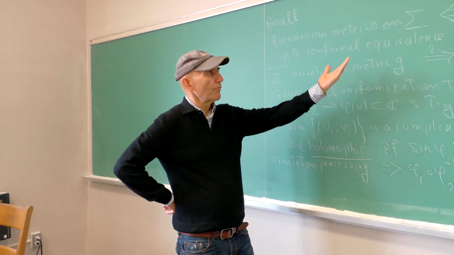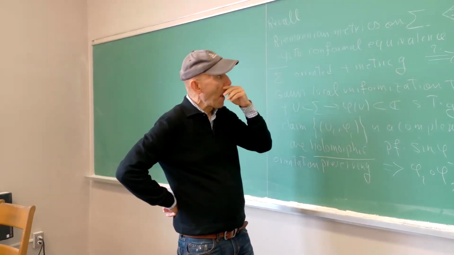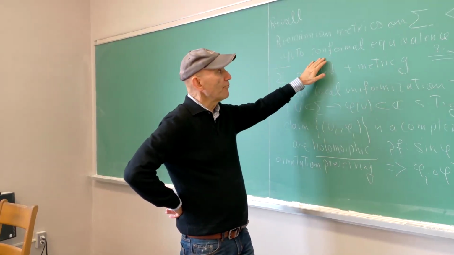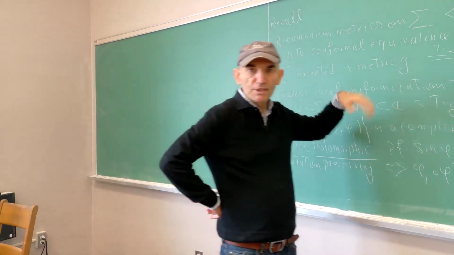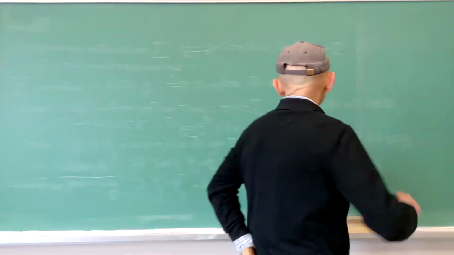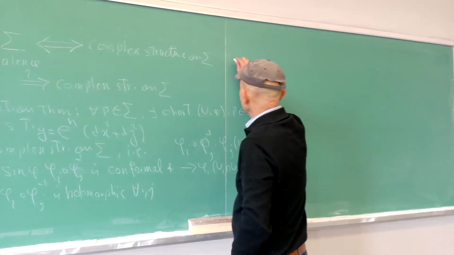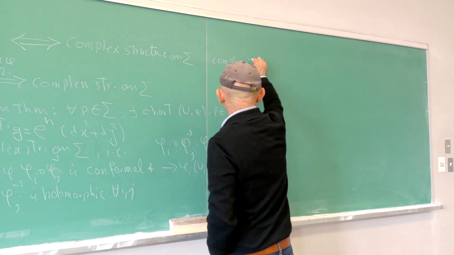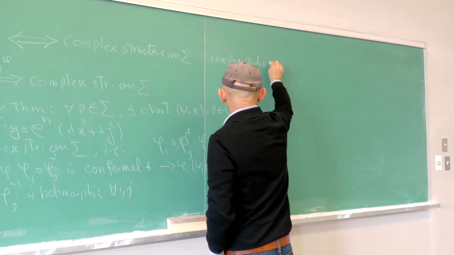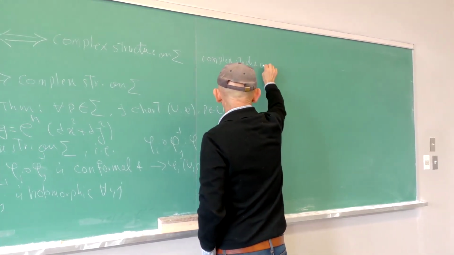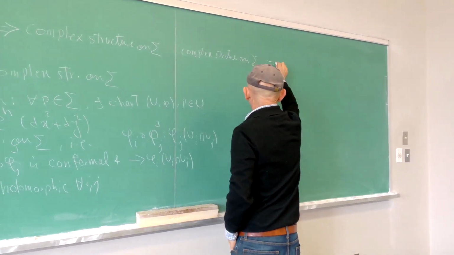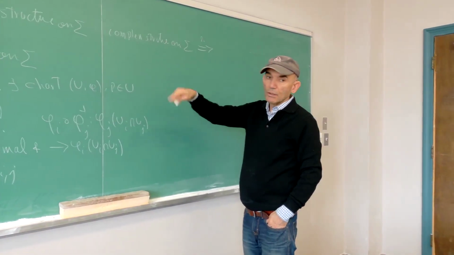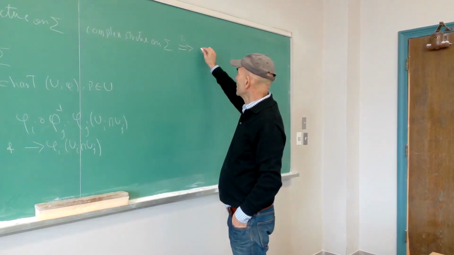Now, how to go from right to left? From right to left, we'll see that we can only get a conformal class of the metric, not an actual metric. So how to go from a complex structure on sigma to a conformal class of metric?